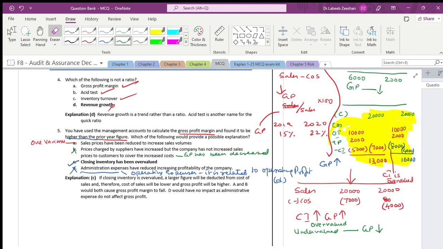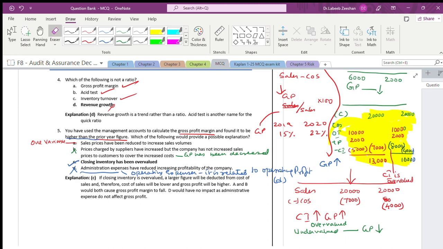If closing inventory is overvalued, a larger figure will be deducted from cost of sales. Instead of deducting 5,000, how much have you deducted? You have deducted 8,000. By deducting more in cost of sales, with more closing inventory, gross profit will increase. A and B is the reason why there is a higher amount of gross profit.